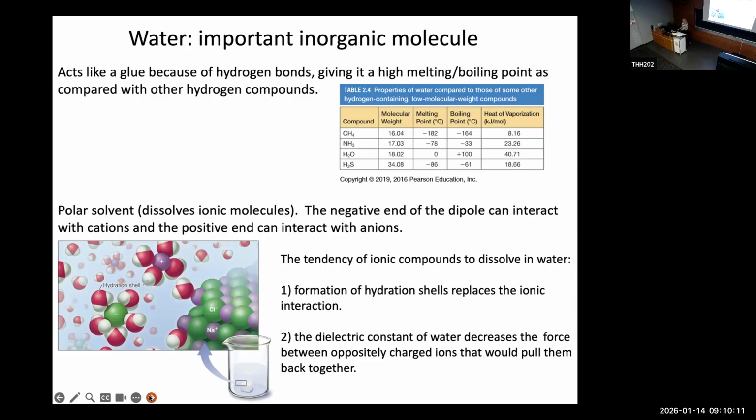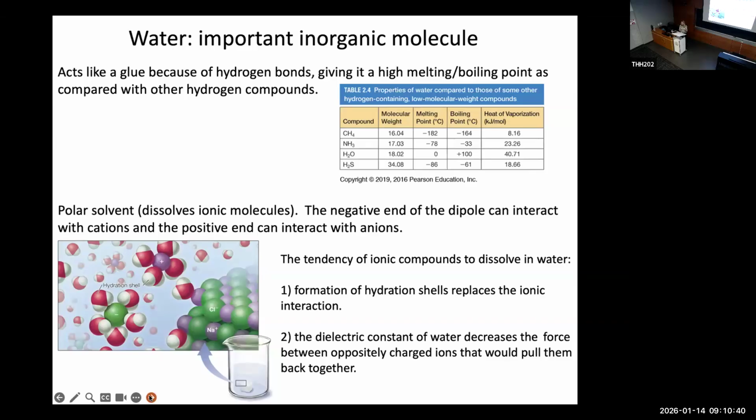Okay, so water has these interesting characteristics that are facilitated by all these hydrogen bonds, but the polar nature of water, meaning having a slight positive and negative charge to it, also has implications in the body. Water itself is a polar solvent, meaning it likes to associate with other polar molecules, either things that have positive or negative charges too.